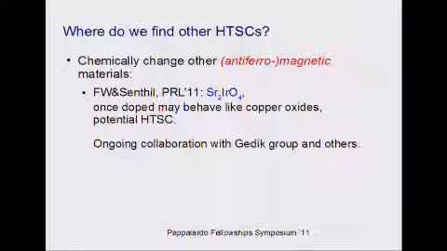And here at MIT, with Professor Senthil in the back, we studied one particular magnetic material, strontium iridium oxide. And we realized that its electronic structure is probably quite similar to copper oxide. If we can chemically manipulate that, maybe we can realize high-temperature superconductivity. This is still ongoing collaboration with many experimental groups, including Professor Nuh Gedik's group at MIT.